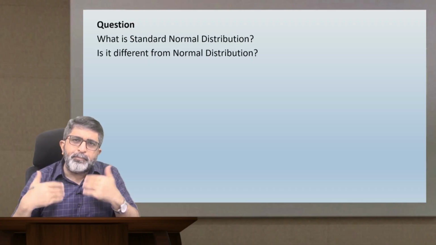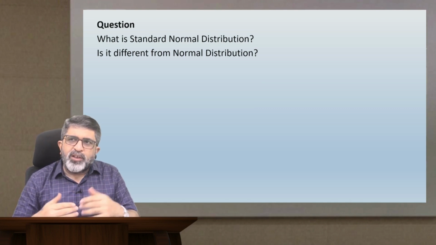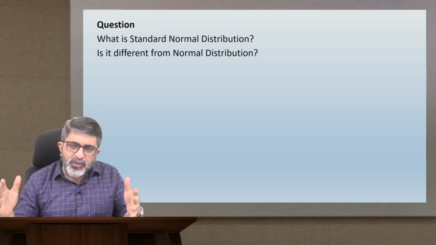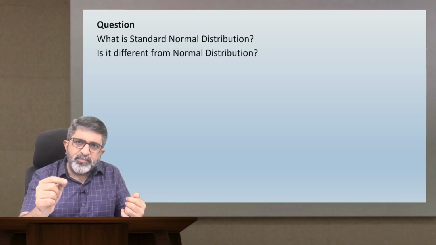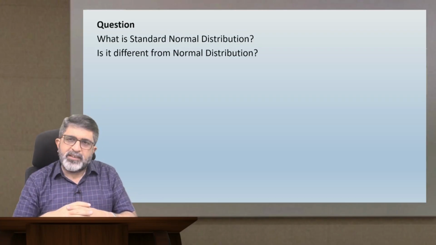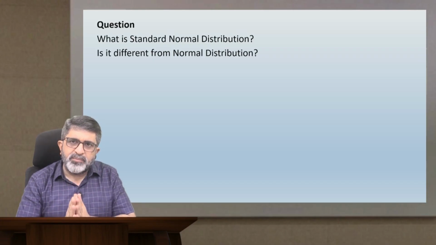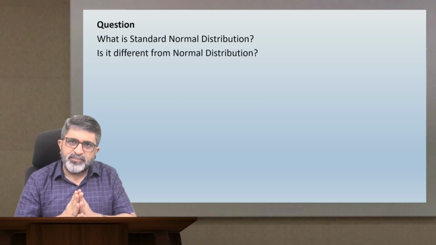Let me give an example for you to understand this whole thing. Suppose in a class a test was conducted and the average marks scored by students, the mean marks, was 50. So 50 is the mean. Standard deviation of marks is 10 marks.